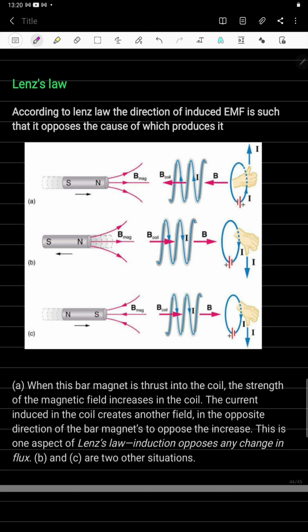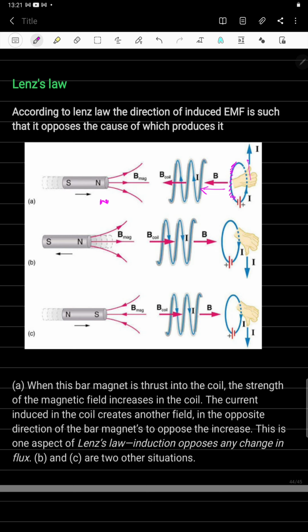The N pole of the magnet is producing a magnetic field, and this face of the coil is also acting like an N pole. So we get opposition on both sides, which means repulsion will take place. Due to that repulsion, the direction of the magnetic field is in this direction, so the current moves in the forward direction.